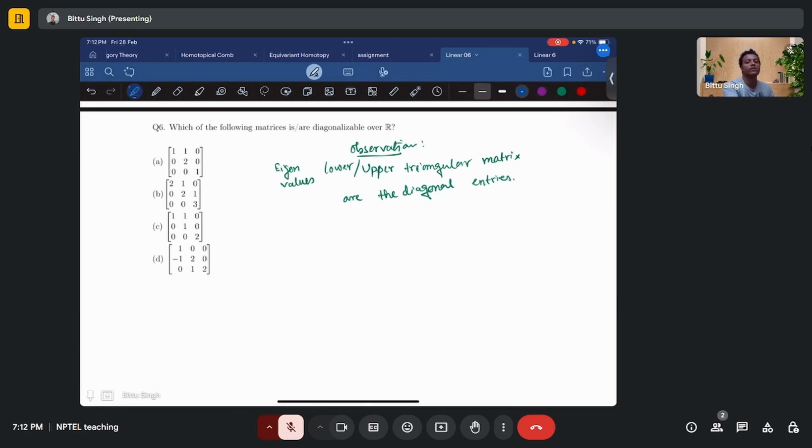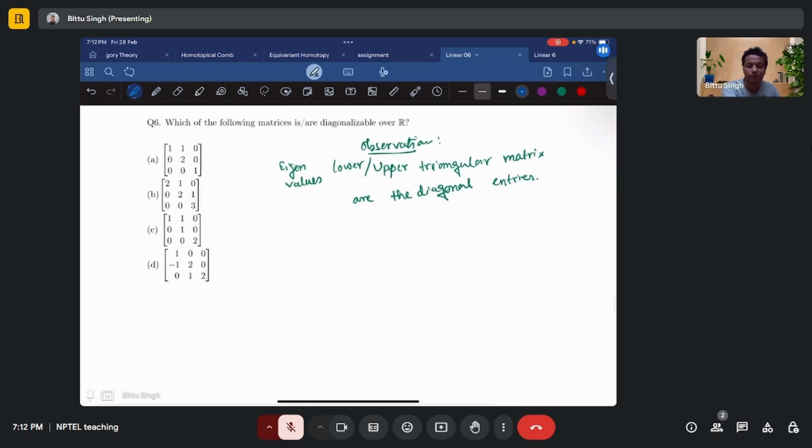We need to check if the geometric multiplicity and algebraic multiplicity are the same for all those options A, B, C, D. If the geometric and algebraic multiplicities corresponding to every eigenvalue are the same, then the matrix is diagonalizable. Otherwise, not. For the first option, the diagonal entries are 1, 2, 1, so the eigenvalues are 1, 2, 1.